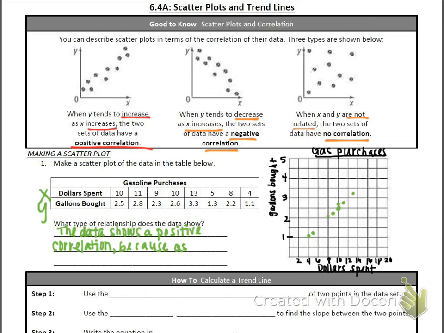as the dollars spent or as the amount spent, and I know I didn't give you a lot of space, increases. So we want to say increases instead of goes up. Increases. What else increases? The amount of gallons of gas you get, right? So we can just say the amount of gas you get also increases.